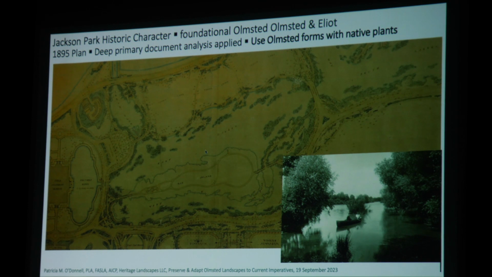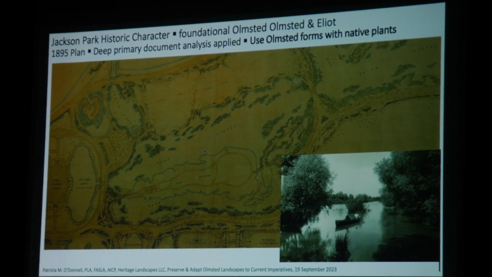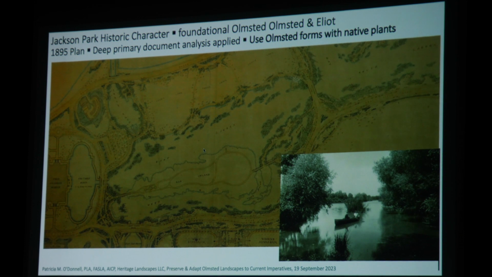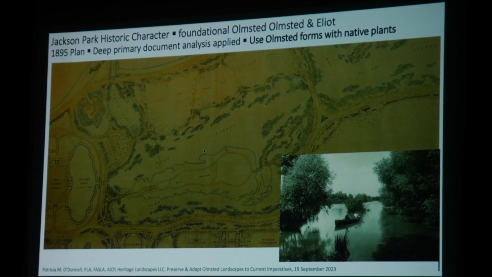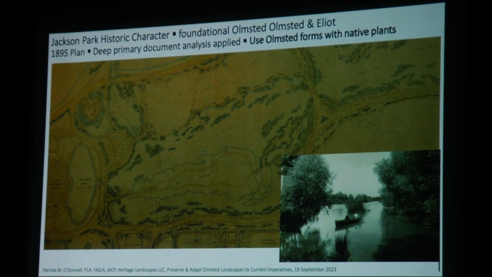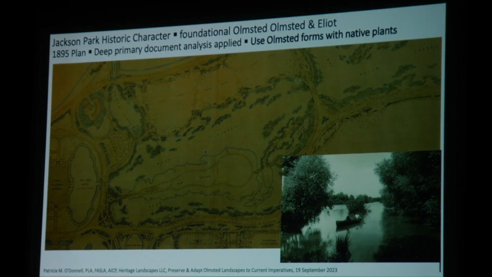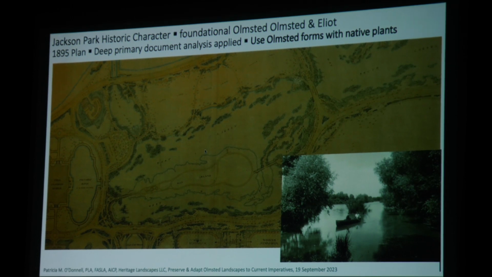Here I show you a plan from Jackson Park, 1895. Many of you will know that in 1893, this park was the site of the World's Columbian Exposition. Here, the Olmsted character shaped for the exposition is reshaped to rebuild the park after the demolition of more than 200 buildings.